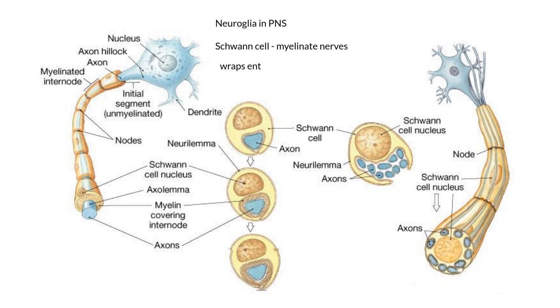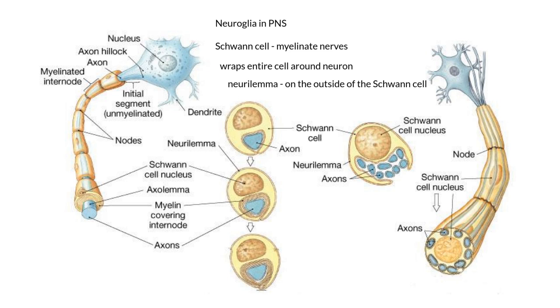We'll wrap the entire cell around the neuron, not one process around the neuron. And it will form this extra layer called the neurolemma on the outside edge. And we'll talk about that. I will show you a kind of a demo that'll help this make sense a little bit more in class. So it will form this neurolemma on the outside of the Schwann cell.